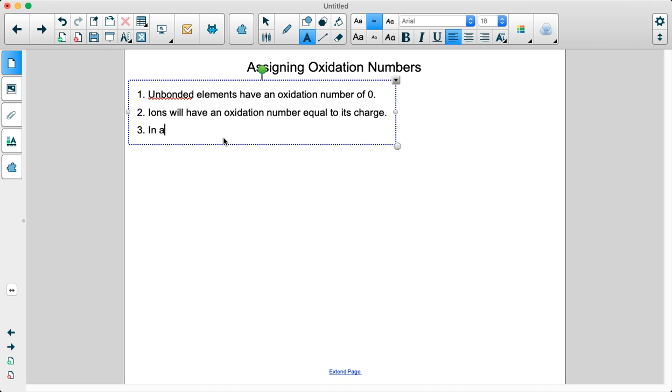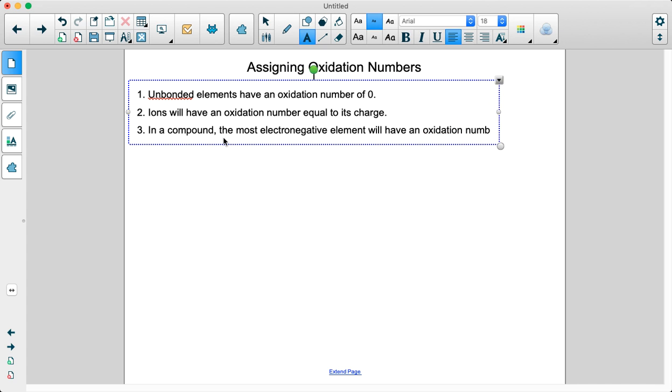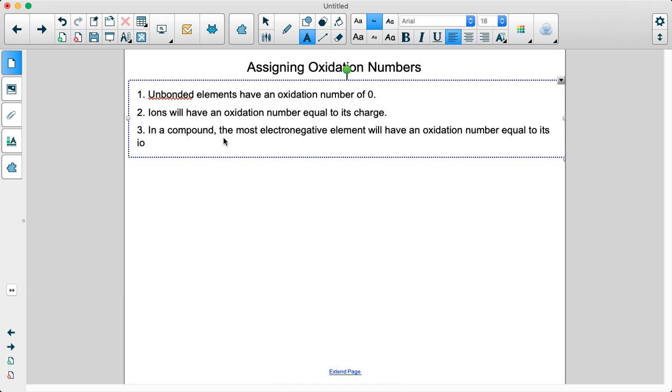The third rule is that in a compound, the most electronegative element will have an oxidation number equal to its ionic charge.